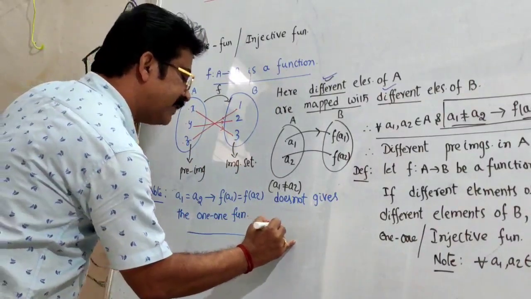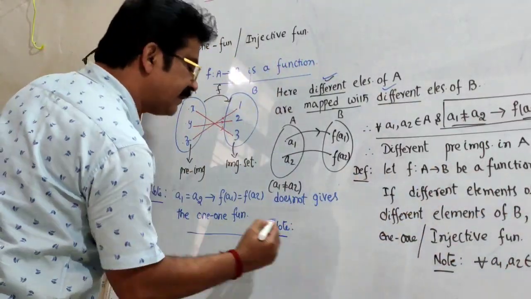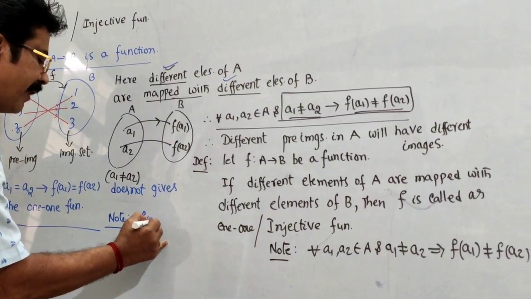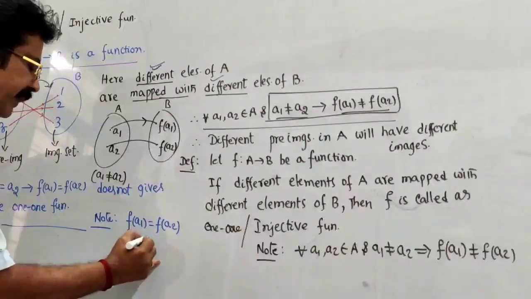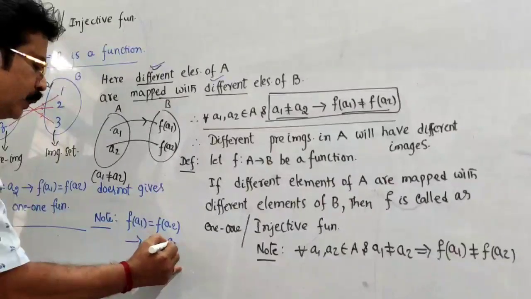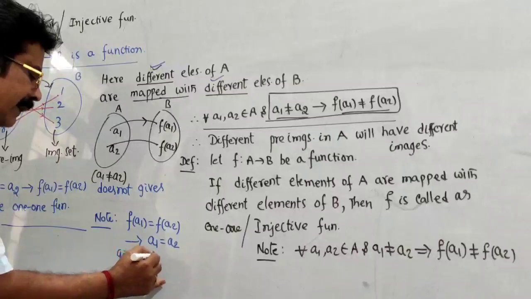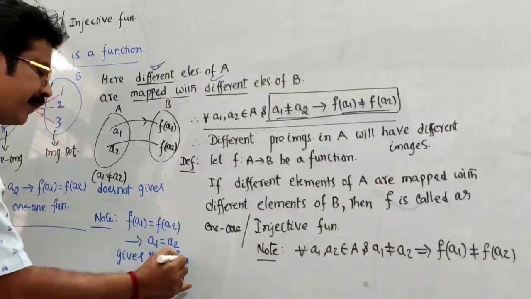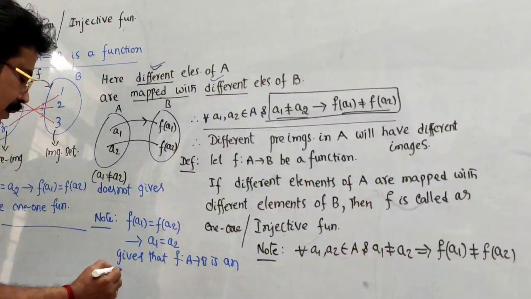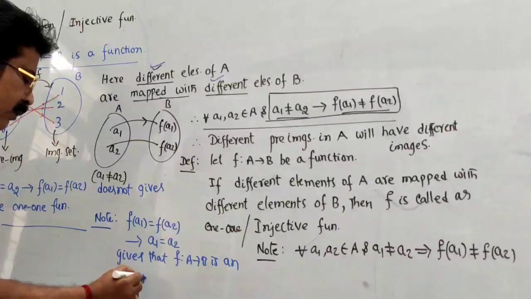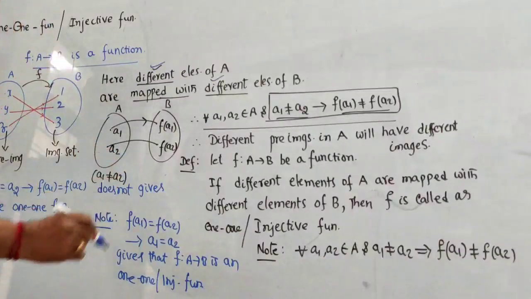But one exemption is there. If images are the same, means if f of a1 is equal to f of a2, that implies a1 is equal to a2, that gives that f from A to B is a one-one or injective function.